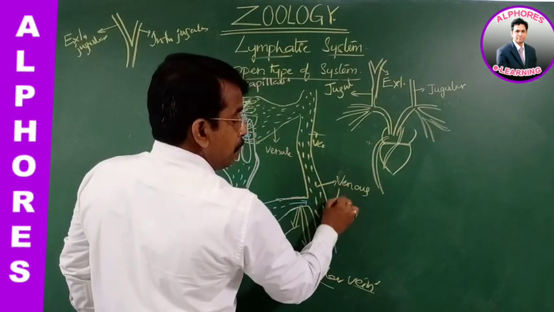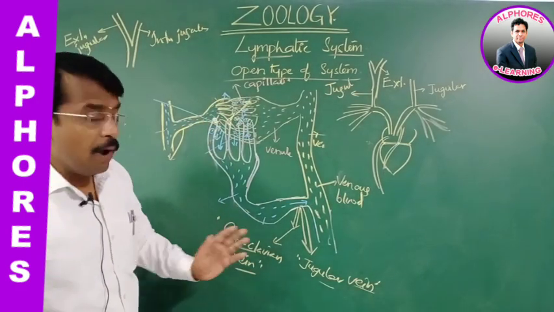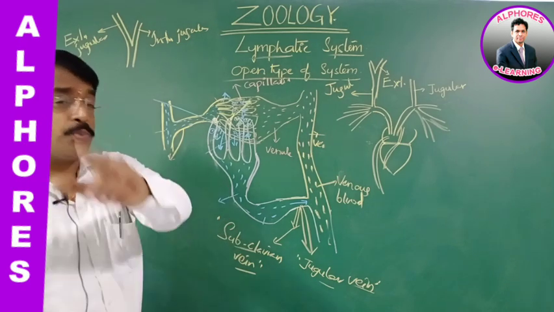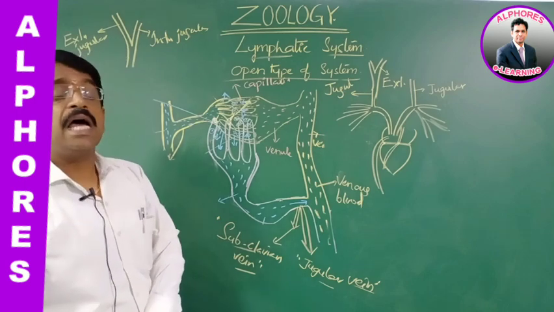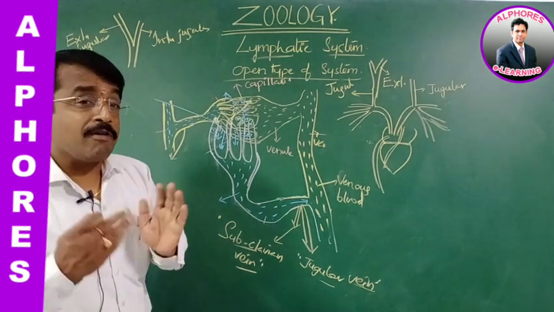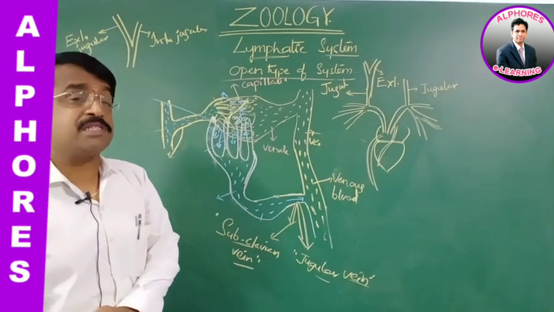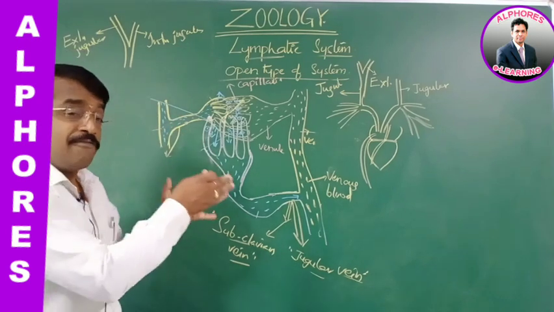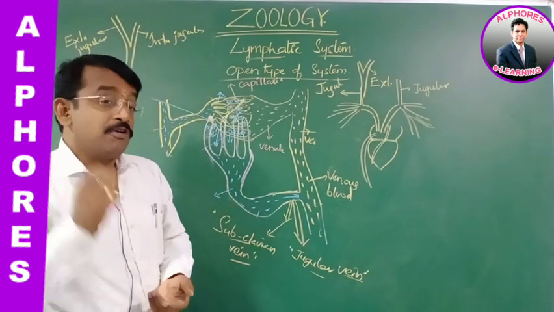Now you may raise a doubt: why is it entering into the blood? That's what we say, it is a middleman as well as an accessory route. For what purpose? Generally, the blood capillaries cannot reach each and every region, while lymph capillaries can go and collect from certain regions. That is the first point.